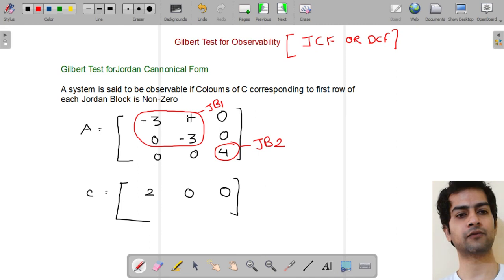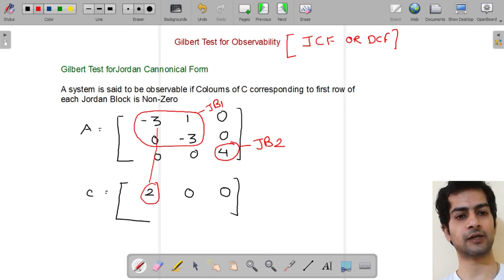But in observability, we will refer to the first row of JB. And for the first row of JB, we will refer to matrix C, and for matrix C, all the column elements should be non-zero. So for JB1, we will refer to this. The first column of matrix C is not zero. So our condition is satisfied.